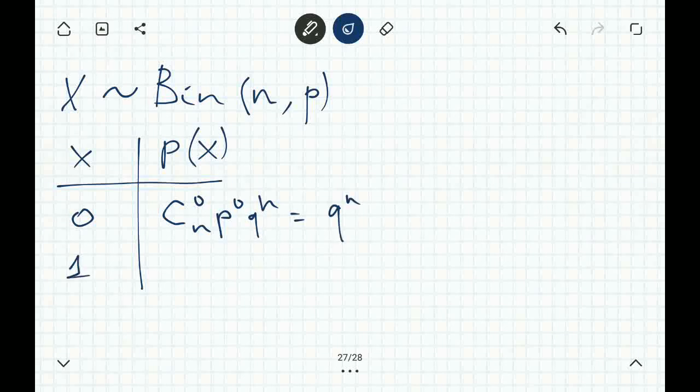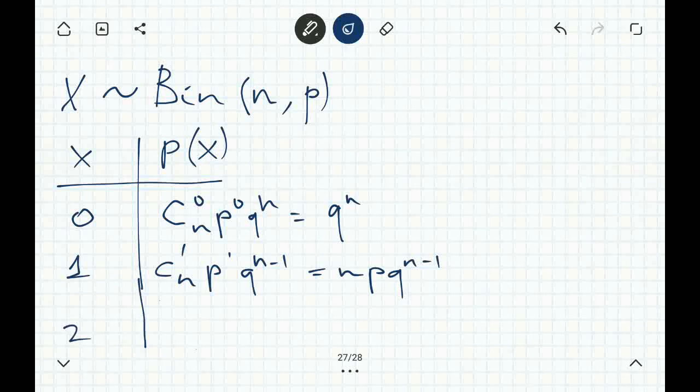For 1, you will have C 1 out of n, p to the 1, q to the n minus 1. This thing is just n p q to the n minus 1. For 2, you will have C 2 out of n, p squared, q to the n minus 2, and so on and so forth until you reach n.